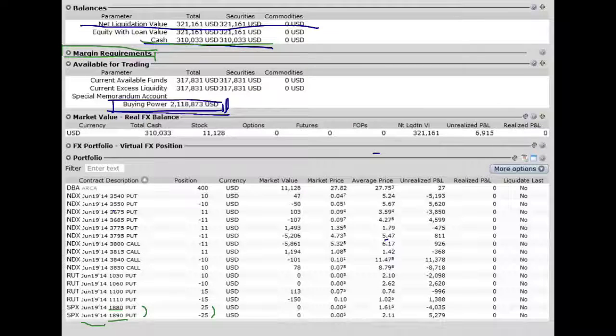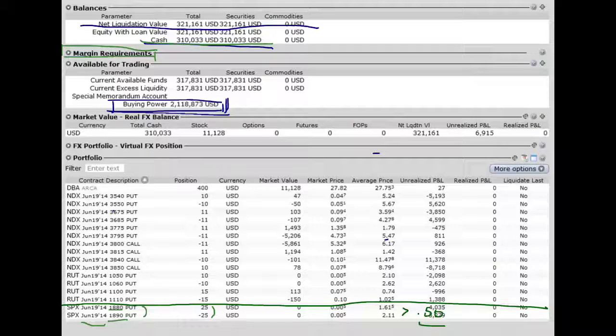So when we sold this spread, I'm going to highlight this for you, we sold it for a profit of 50 cents. And that's $2.11 we received for the 1890s that we sold, and we had to buy the 1880s as protection for $1.61.